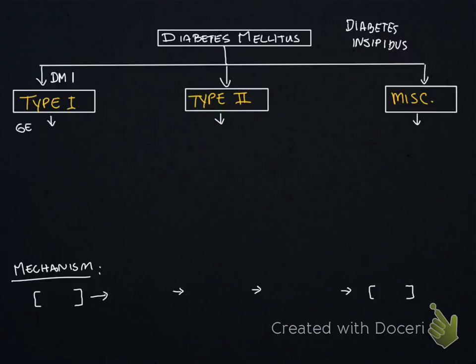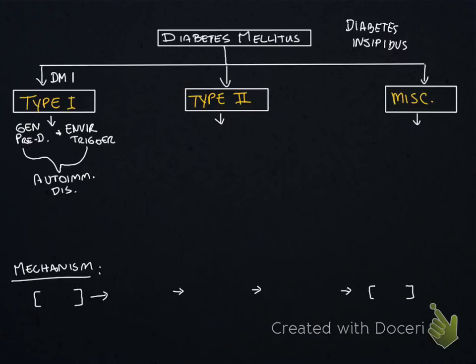You can be genetically predisposed, like a family history of it. There could be some environmental triggers, but essentially it results from an autoimmune disorder.